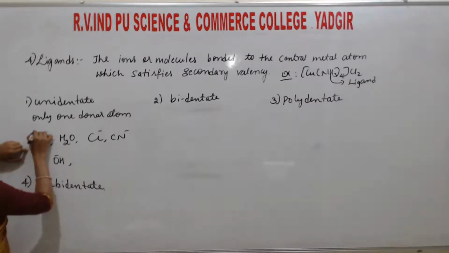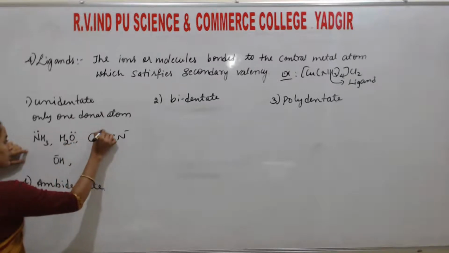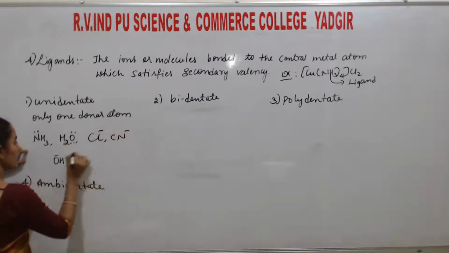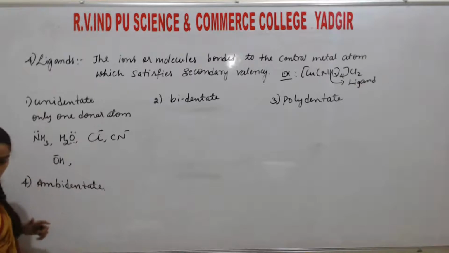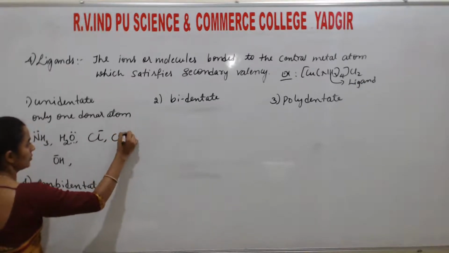So here one lone pair of electrons is there, here lone pairs of electrons are there, here Cl minus has an extra electron. So these are unidentate.